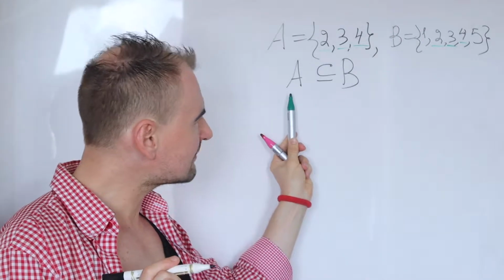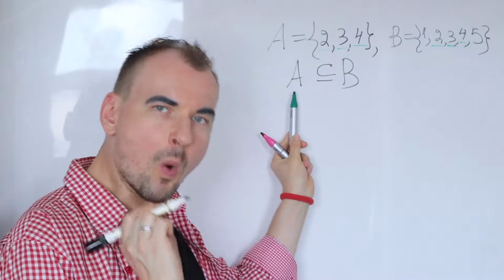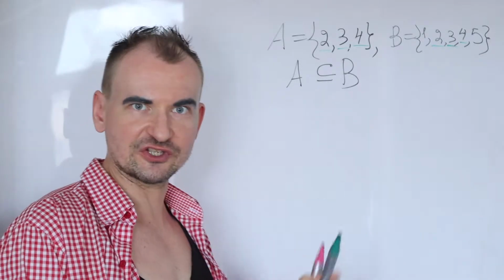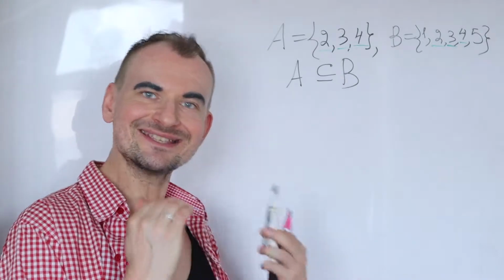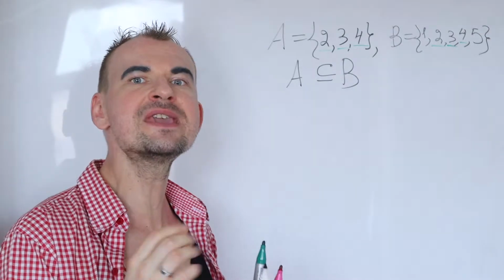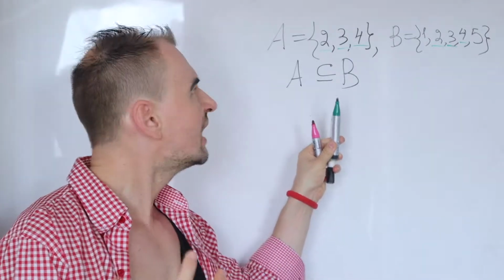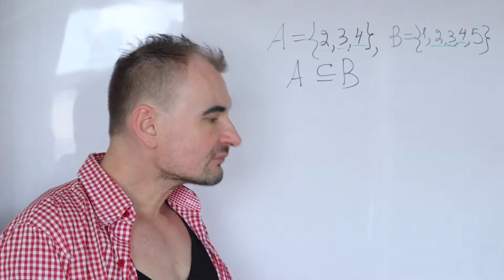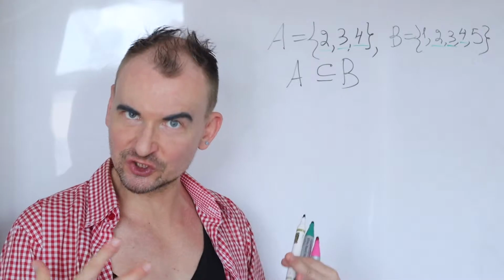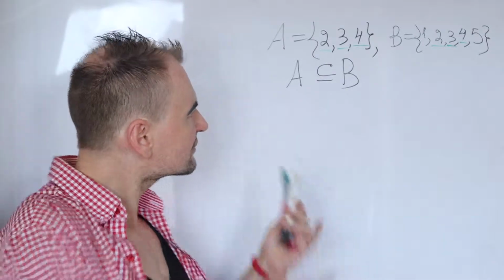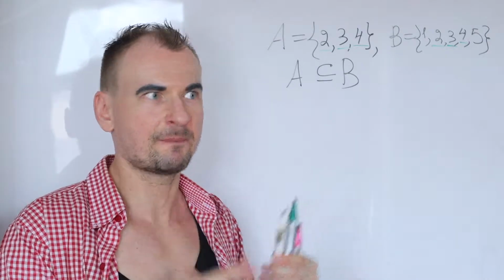So again, that simply means that each element of set A also is an element of set B. So in this case, we would say A is included in B, or B includes A, or B contains A. Also, B sometimes is called a superset, since A is completely inside of B.